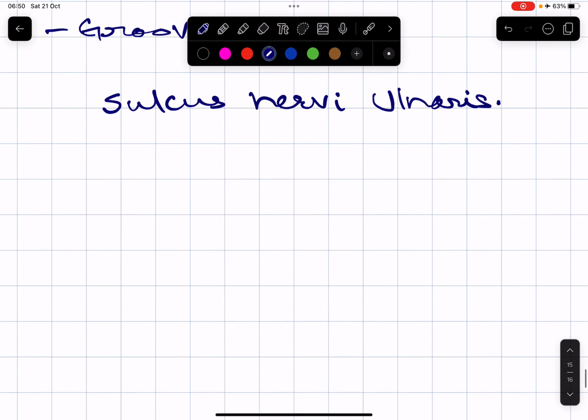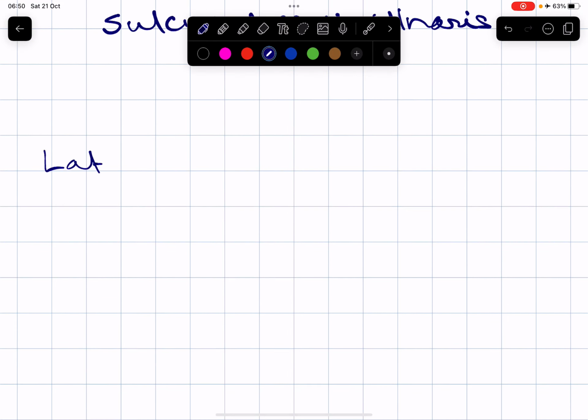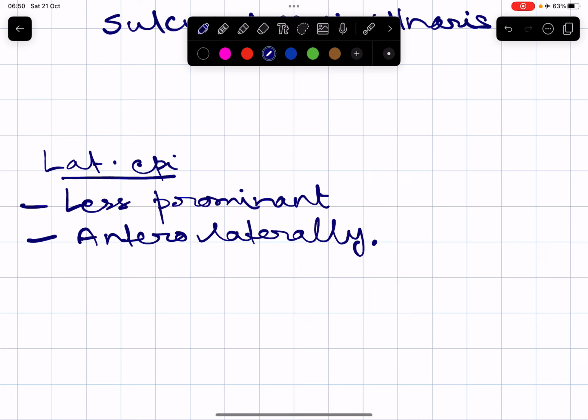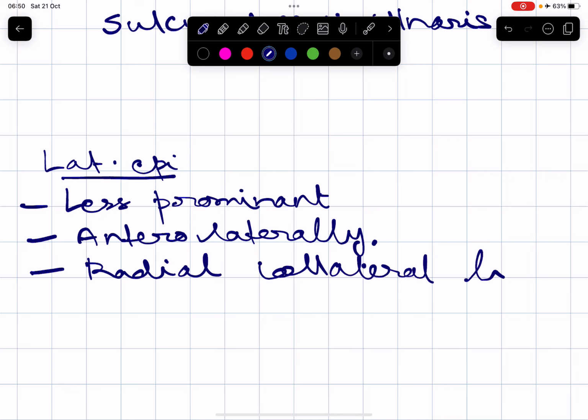Now, what is the difference here? The lateral epicondyle of the humerus is less prominent, right, compared to that of the medial epicondyle. And it has a muscular impression anterolaterally, whereas the medial epicondyle has it antero-inferiorly, and its tip provides attachment to radial collateral ligament, whereas the tip of medial epicondyle gives attachment to anterior and posterior bands of ulnar collateral ligament.